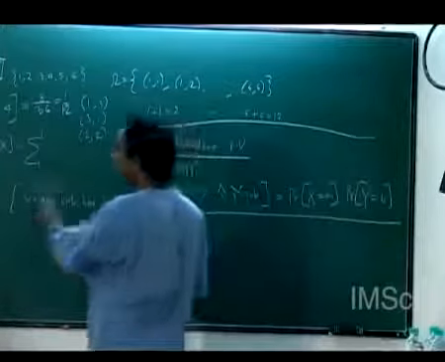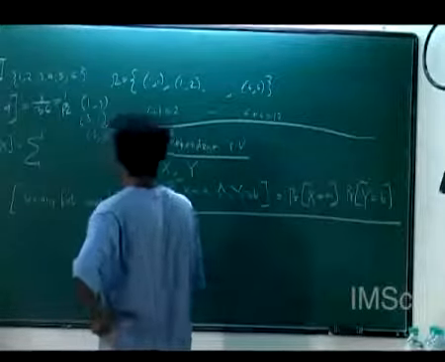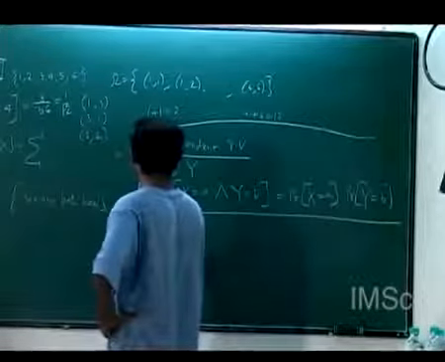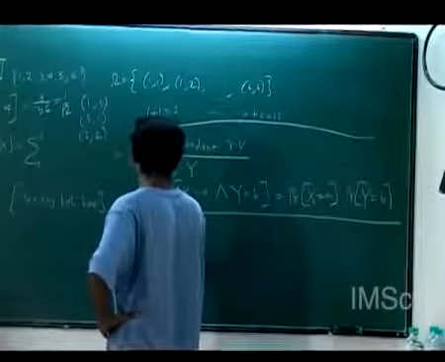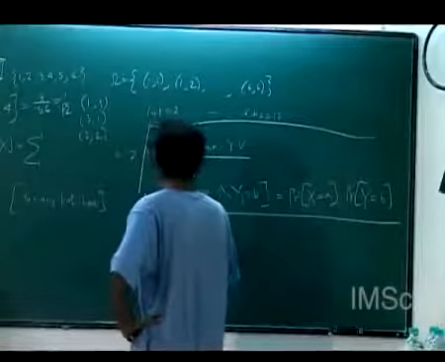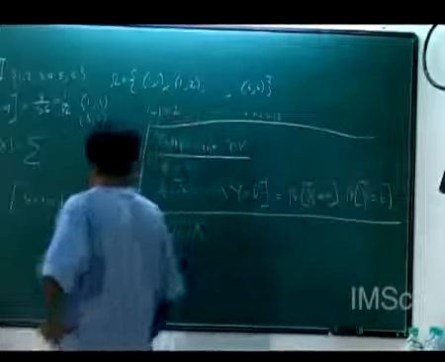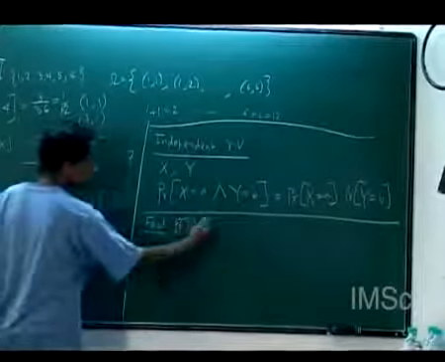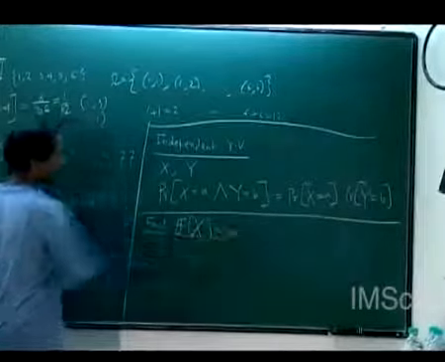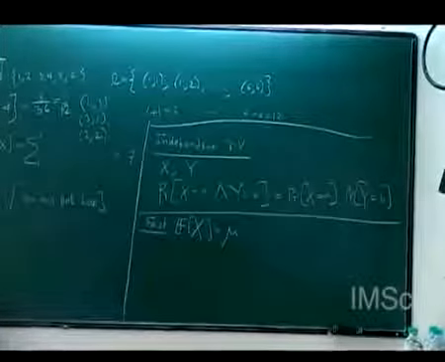Now let me close this recap by saying one simple fact, which I leave as an exercise. Suppose X is a random variable such that the expectation of X is, let's say, mu. Mu is some number.